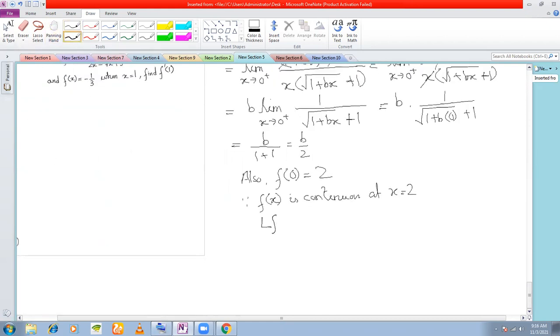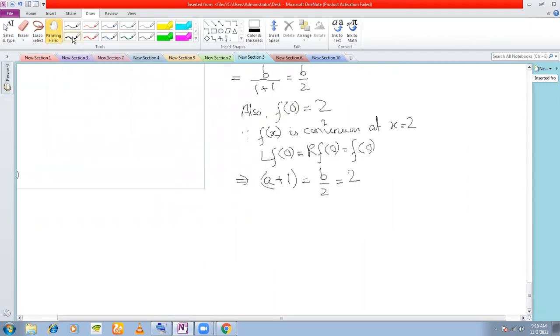Left hand limit at x is equal to 0 must be equal to right hand limit must be equal to the value of the function. Now put the values. The left hand limit, we have calculated this to be a plus 1. The right hand limit, we have calculated this to be b by 2, and f0 is equal to 2.